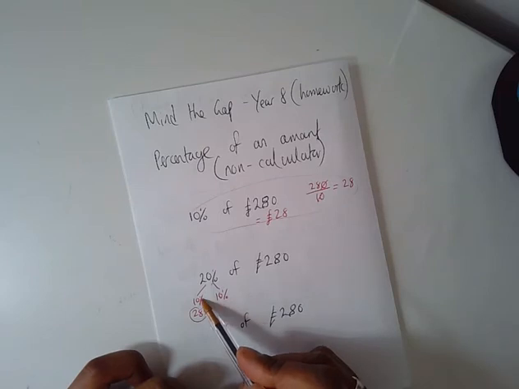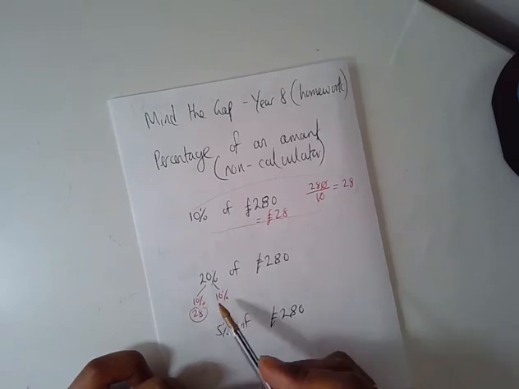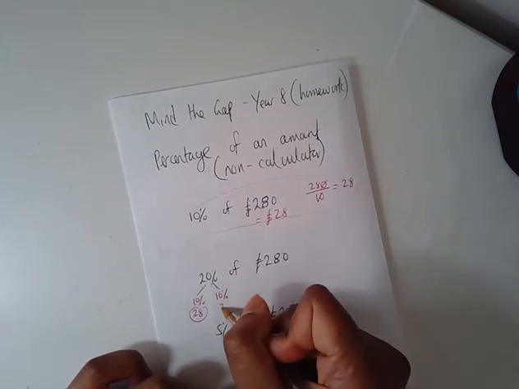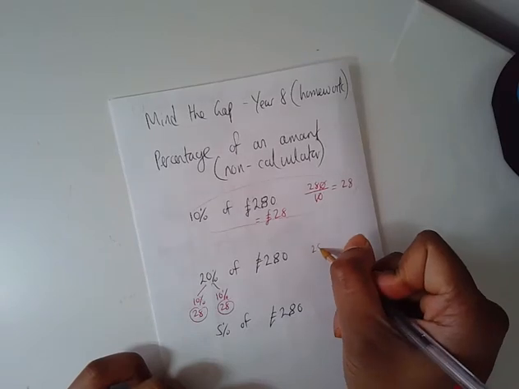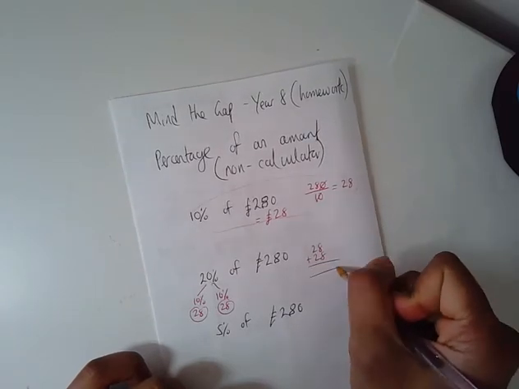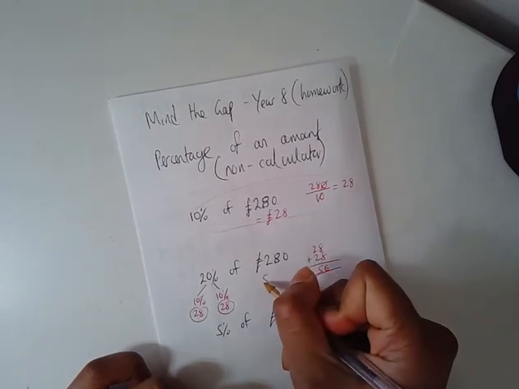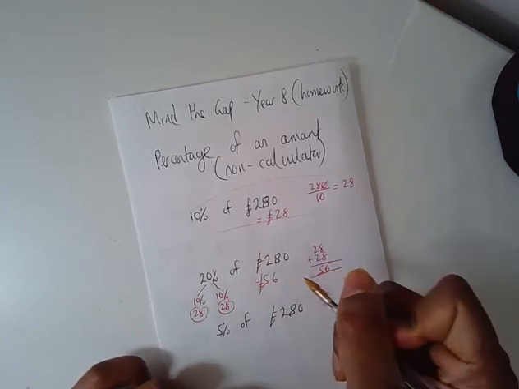So 10% is worth 28. 10% is also worth 28. So altogether, 28 plus 28, 56. Answer is equal to £56.